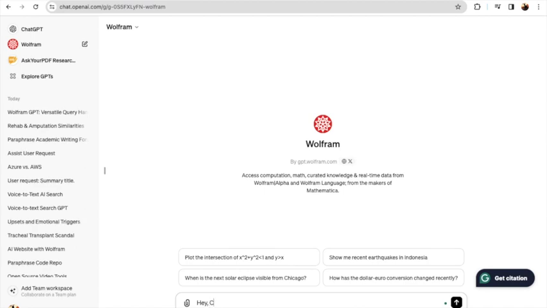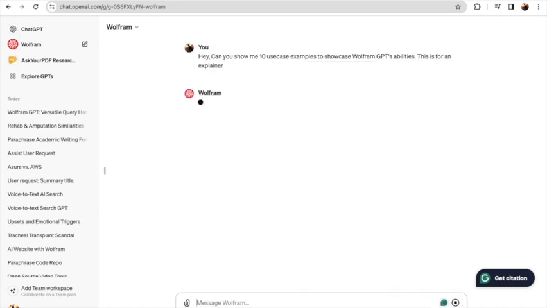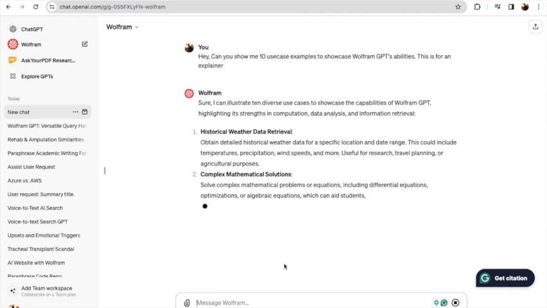Hey, can you show me 10 use case examples to showcase Wolfram GPT abilities? This is for an explainer. Okay.